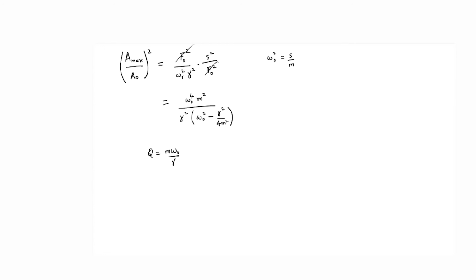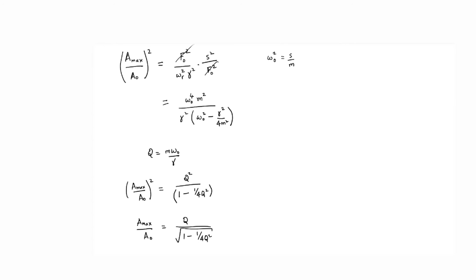So, in a very straightforward way, you could write A max by A 0 to be equal to q square divided by 1 minus 1 by 4 q square. Further, you take off the square root from here, and that will give me q divided by square root of 1 minus 1 by 4 q square.